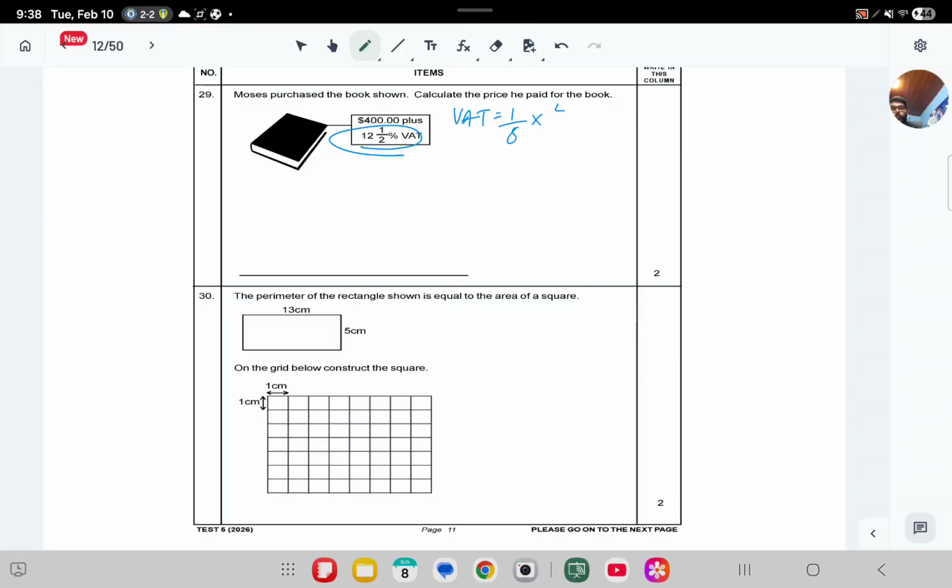So 1/8 of the cost price, which is 400 over 1, will be $50. So we know he has to add on $50 VAT. So to calculate the selling price, it will be the cost price plus the VAT, which is $400 plus the $50, which will give us $450.